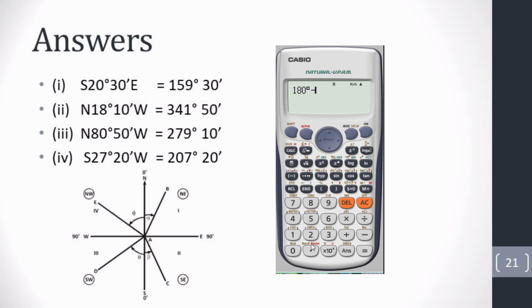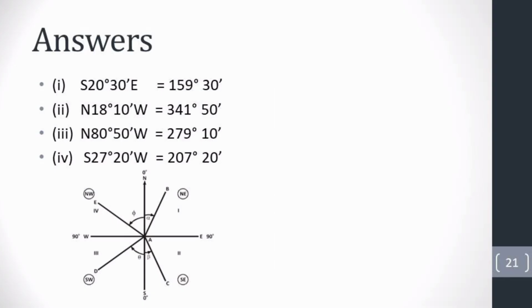So I'll go ahead and subtract: 180 minus 20 degrees 30 minutes, and my answer becomes 159 degrees 30 minutes.